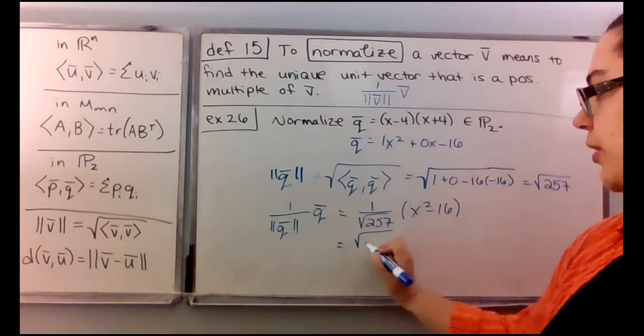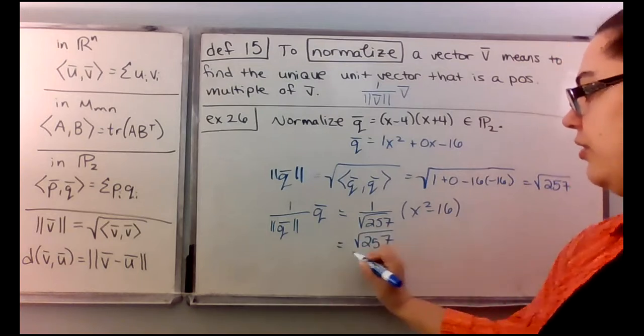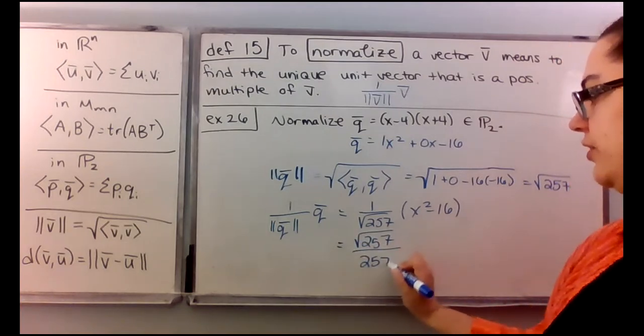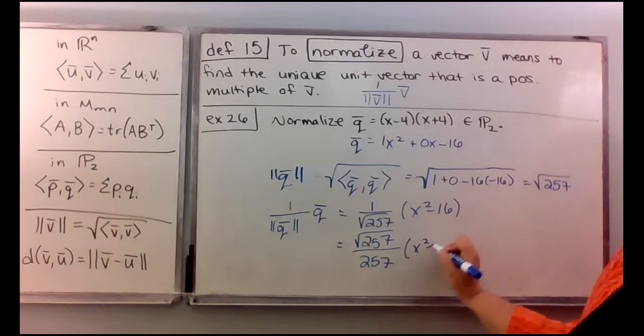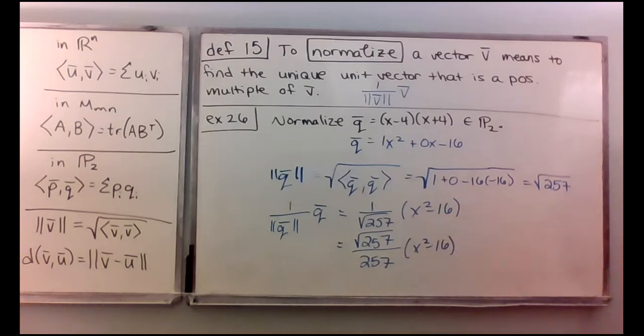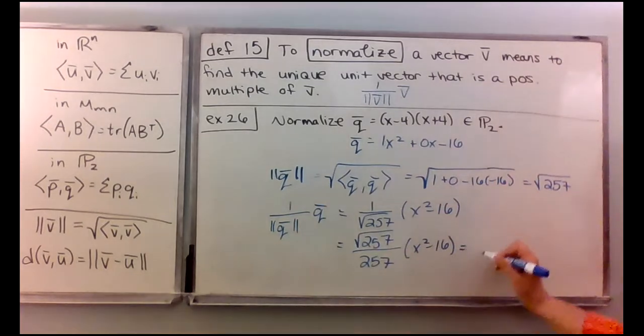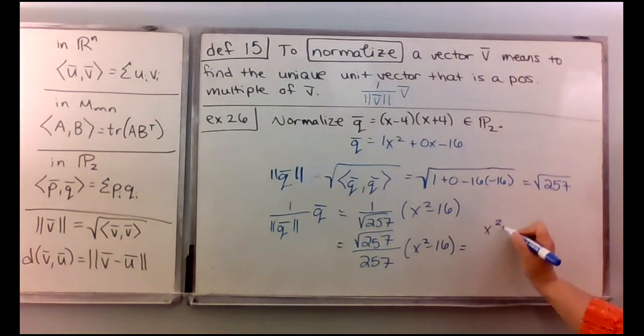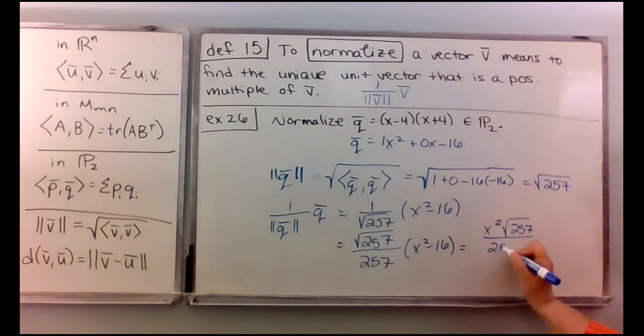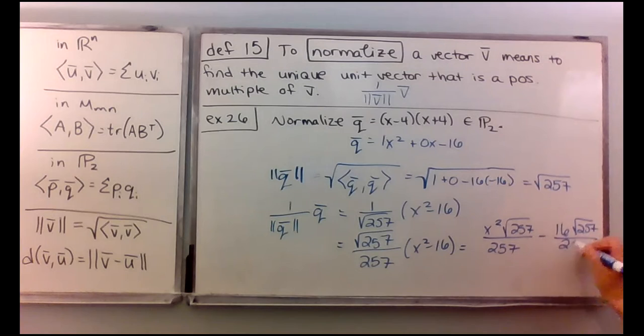That's going to give us the square root of 257 over 257 times x squared minus 16. And then just to give our answer in standard form, this is going to be x squared square root of 257 over 257 minus 16 square root of 257 over 257.